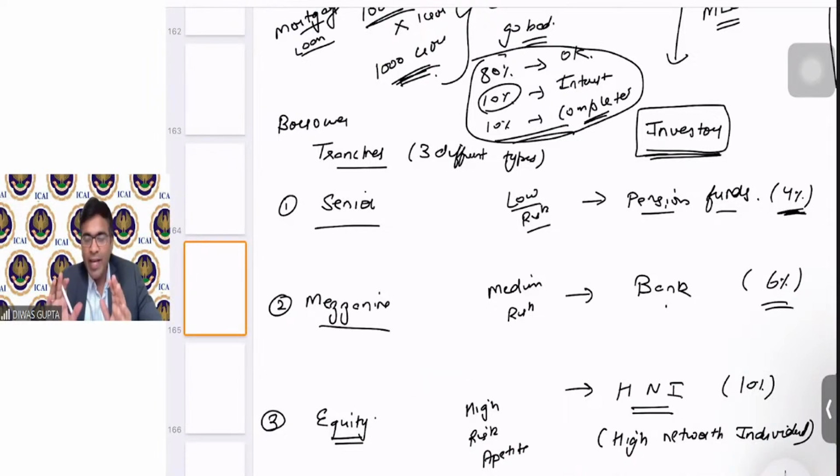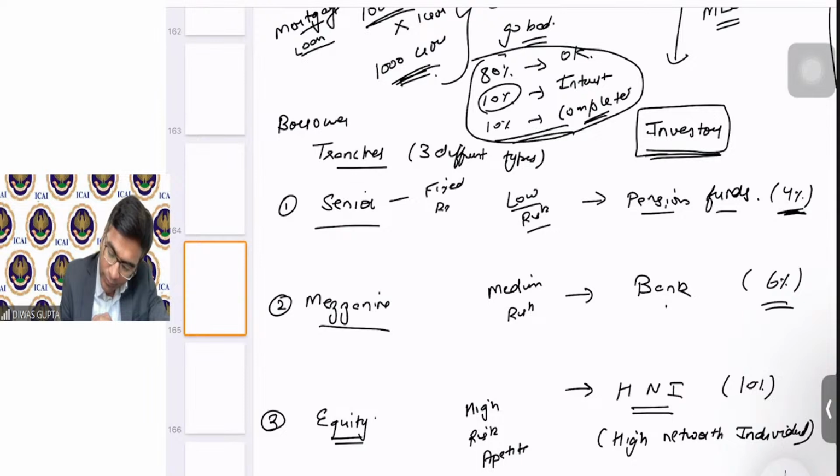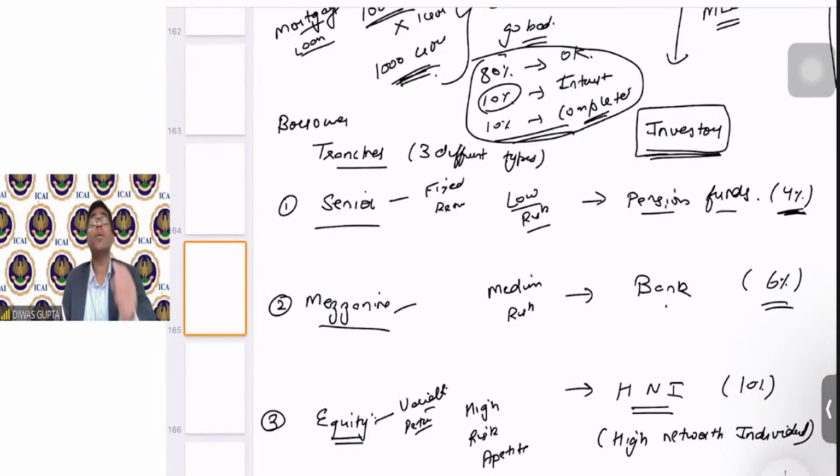So the SPV has come up with three different tranches for different kinds of investors, and it says that, look, I have created three different tranches for the same asset-backed, the same mortgage-backed loans, right? Now you decide whichever you want to invest. Senior will have again a fixed return. Similarly, equity has a variable return, which is actually dependent on the portfolio's performance.